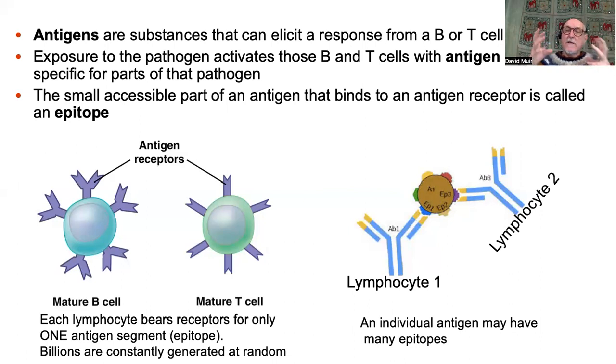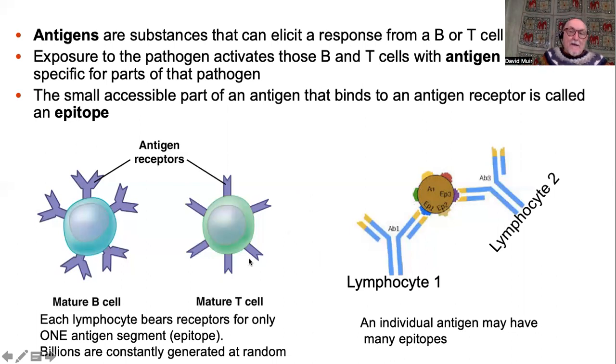All of those spikes on the outside, those are all proteins. Each one of those spikes has many different areas where immune cells could interact with them. And if we have something like a virus here, we may have several different possibilities for those receptors to interact there.